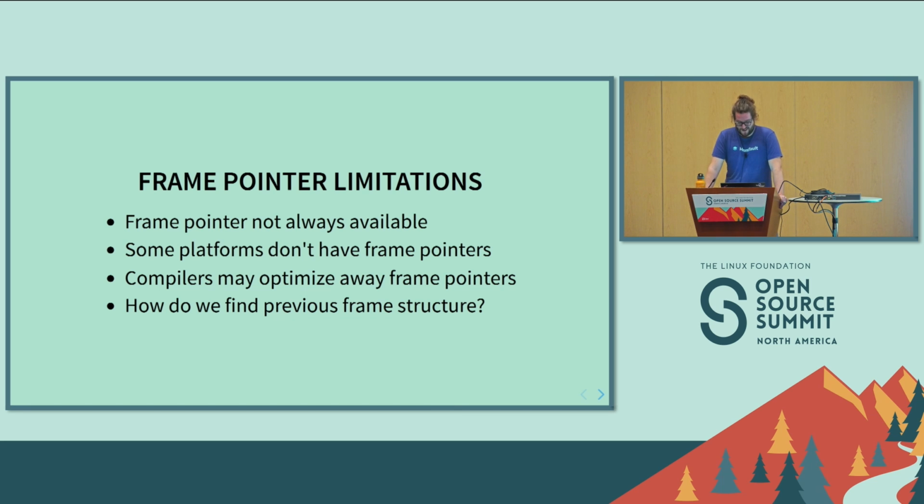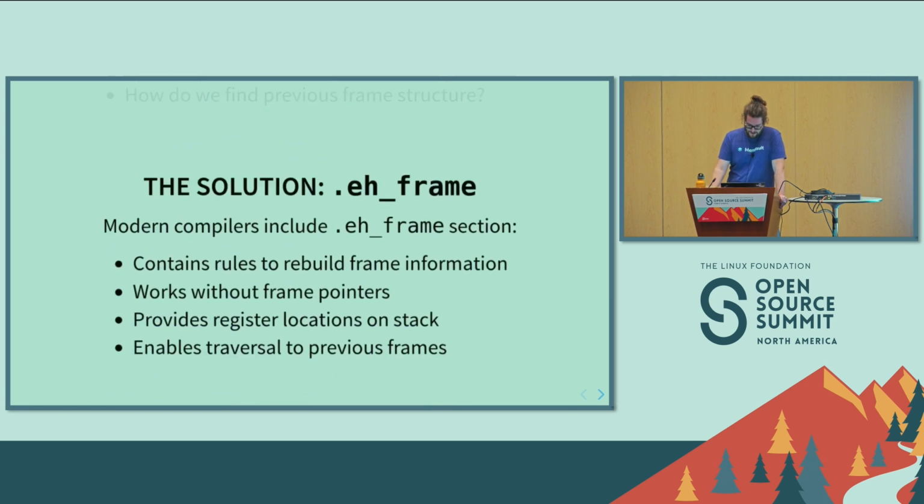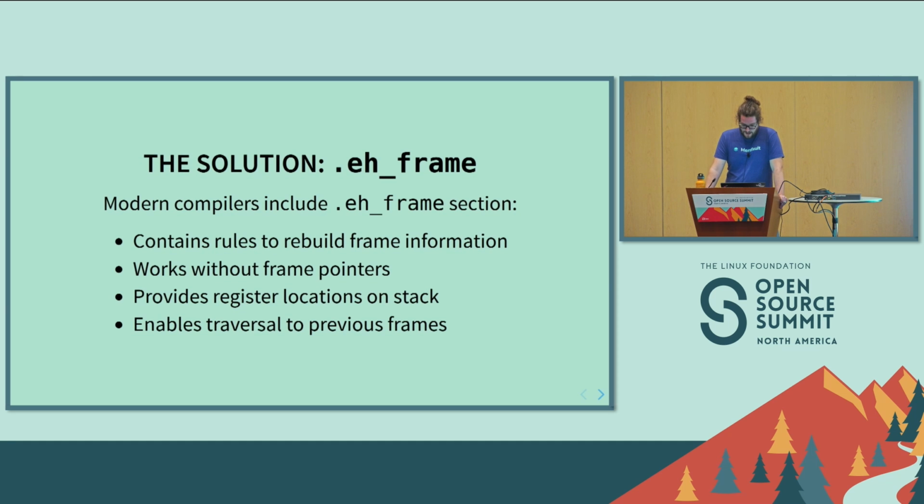But now how do we get this? Well, we can look at the exception frame section that exists by default in most compiled programs. It comes by default with GCC and LLVM. A lot of you probably strip it out because it's sometimes pretty big, but it's much, much smaller than the debug information.